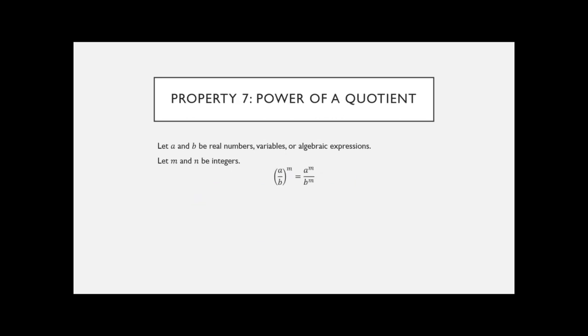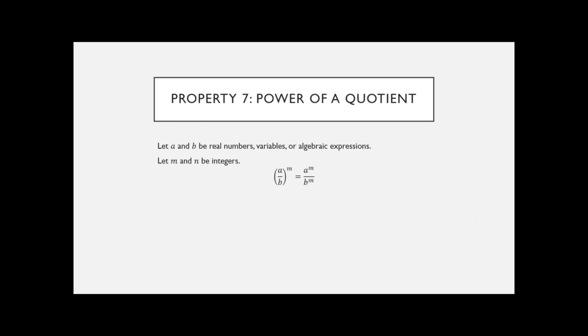Our last rule here, the last property, is power of a quotient. Quotient is another name for a fraction or division. So we've got a fraction here with an outside exponent. Just like the previous rule, power of a product, with power of a quotient the exponent basically distributes.